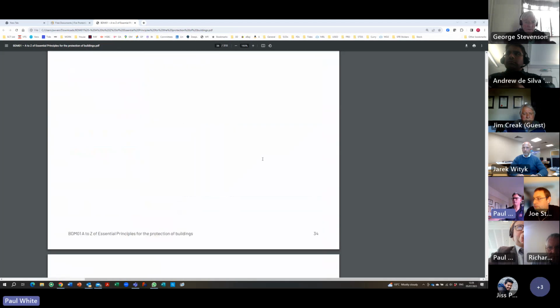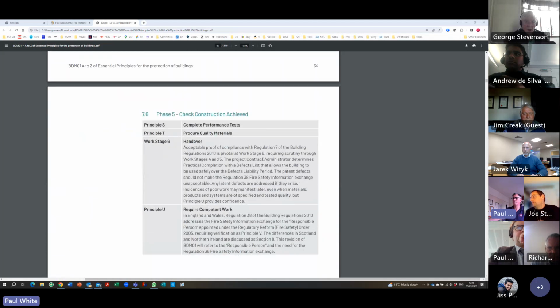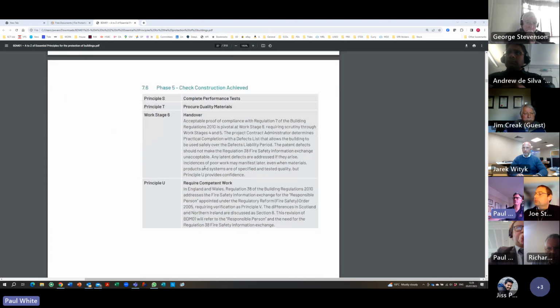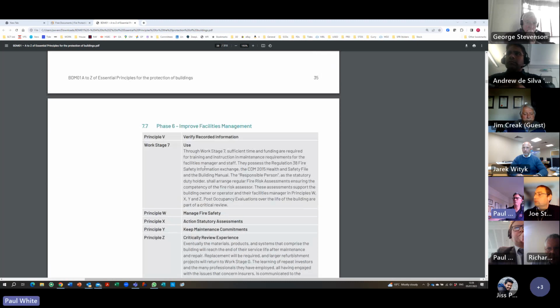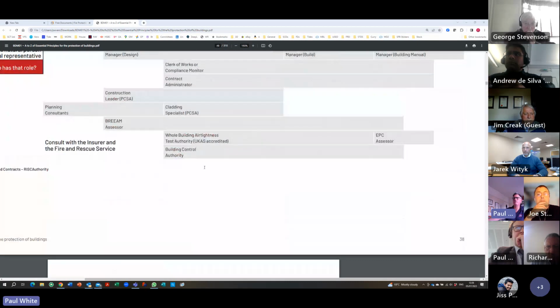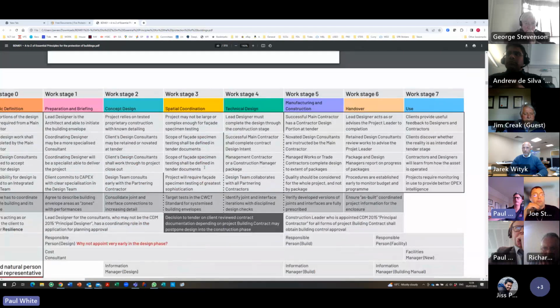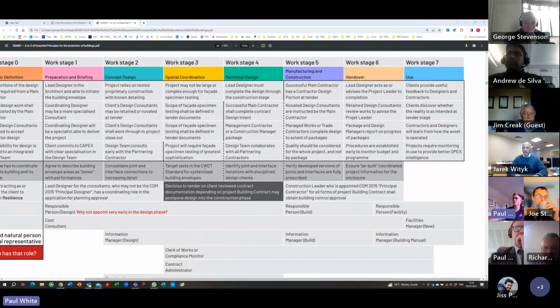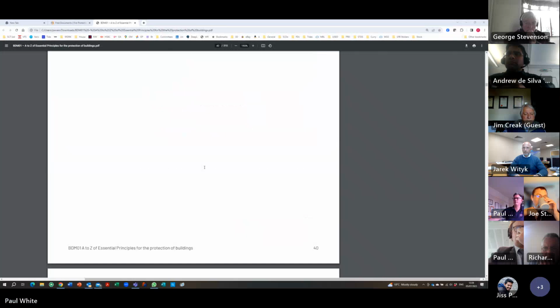Enhanced design. Yeah, where are we? And so then basically it goes through and tells you which of these the principle applies to, and where it would fit in the thing. And then, as I say, still going. And then you've got that in the different work stages, which I thought was quite an interesting thing.